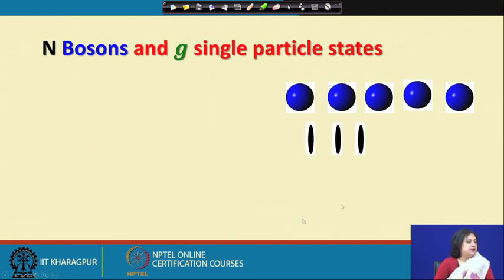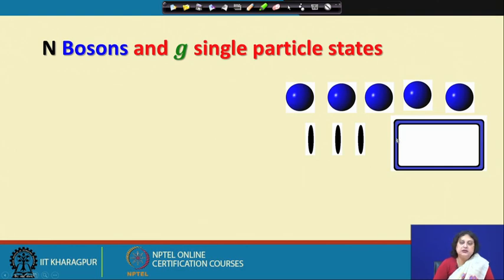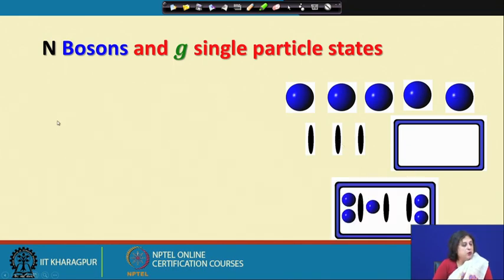Here the g single particle states I am going to represent using g minus 1 pellets. So, this is pellet 1, 2 and 3, and I am going to use this big box once again, which tells me that the total energy of the system is fixed. How am I supposed to construct a typical microscopic state of this system using these balls and these pellets in this box? This is how I generate the different microscopic states.